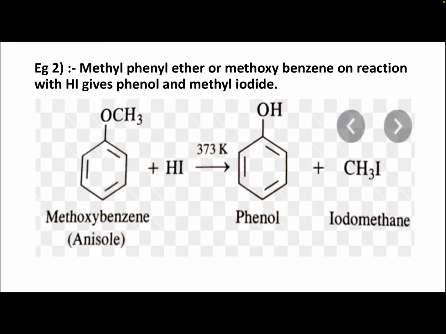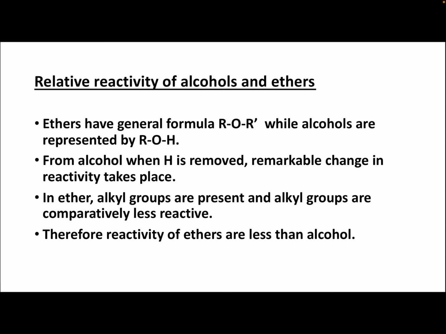Plus HI at 373 K we get phenol. On benzene ring OH is phenol, plus CH3I, iodomethane or methyl iodide. So this is an example of aromatic ether, the reaction of methyl phenyl ether with HI. Here methoxybenzene gives phenol and iodomethane.